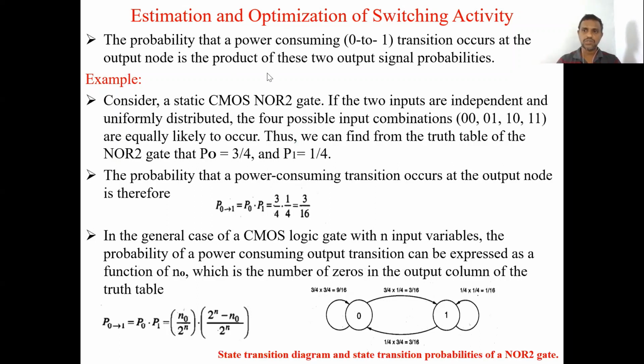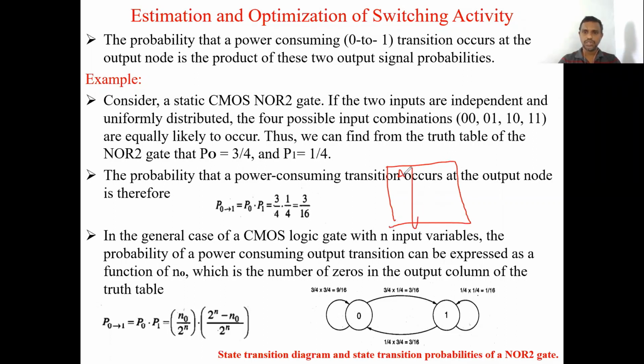Now we will consider one example to explain how to estimate the power consumption transitions taking place at the output node. Here I am going to take a CMOS NOR gate. What is the truth table of that?